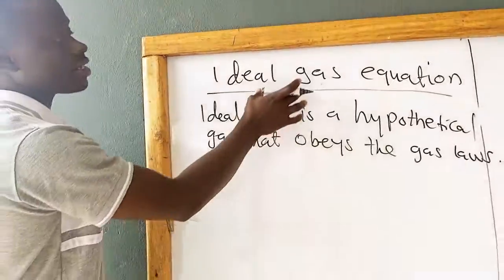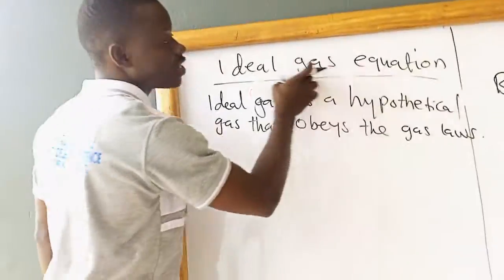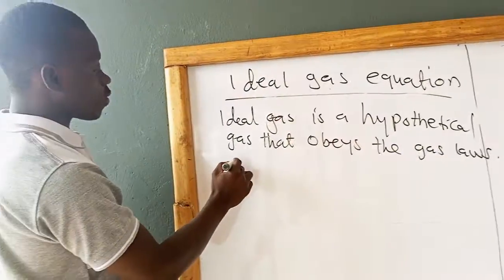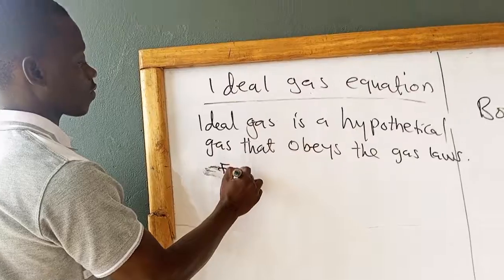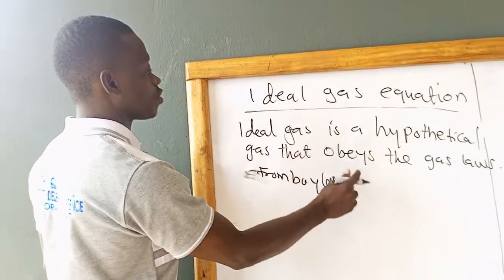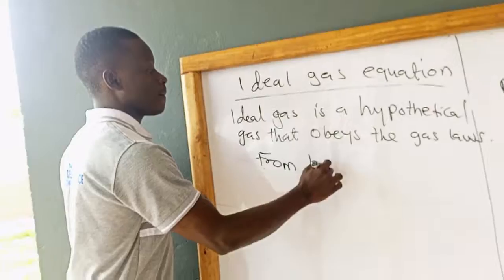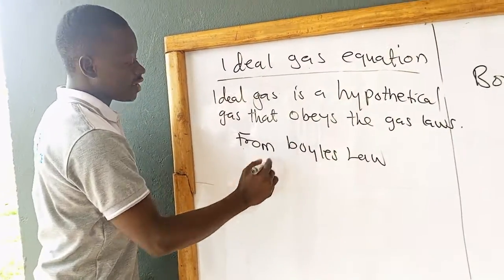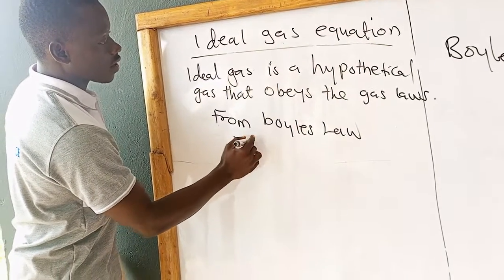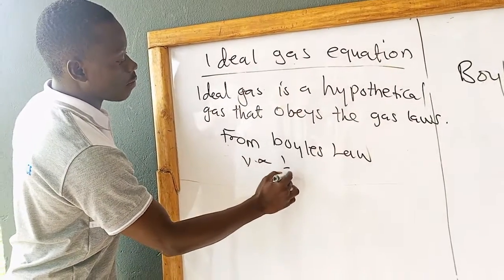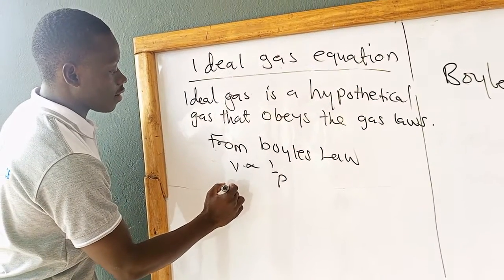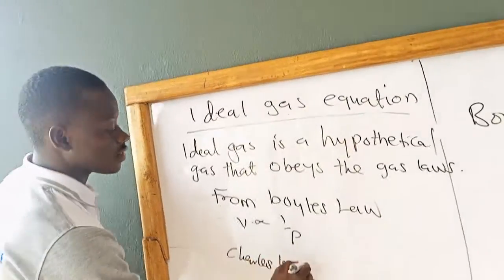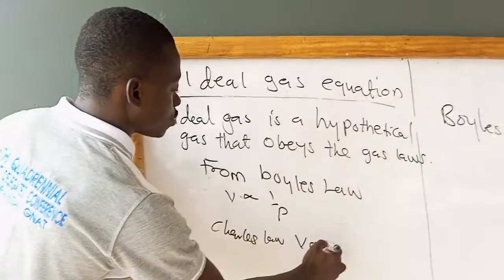So in getting the ideal gas equation, we take Boyle's law, Charles' law and Avogadro's law. From Boyle's law, we said the volume is inversely proportional to the pressure, but Charles' law stated that the volume is directly proportional to temperature.